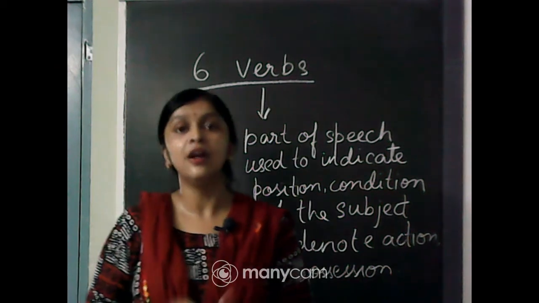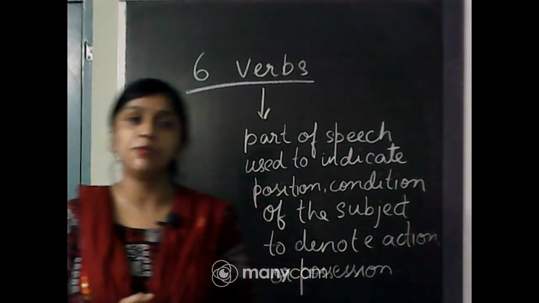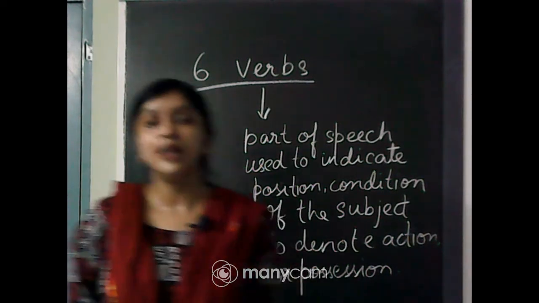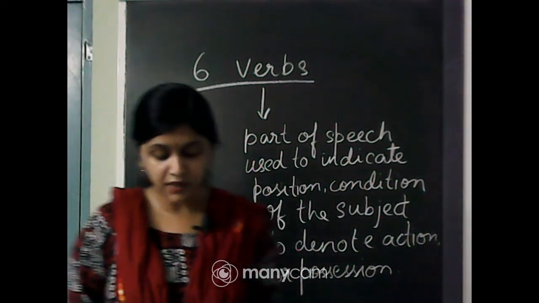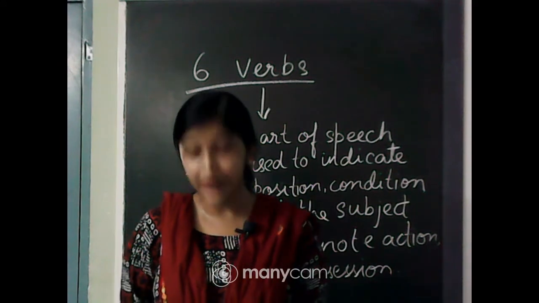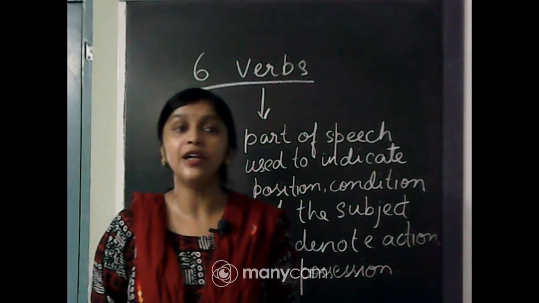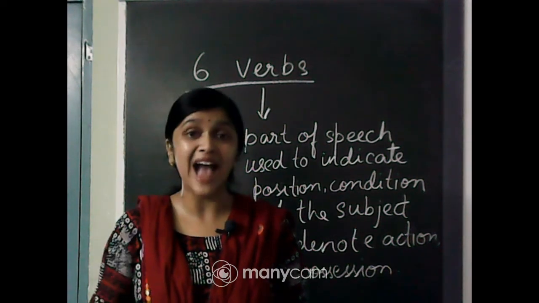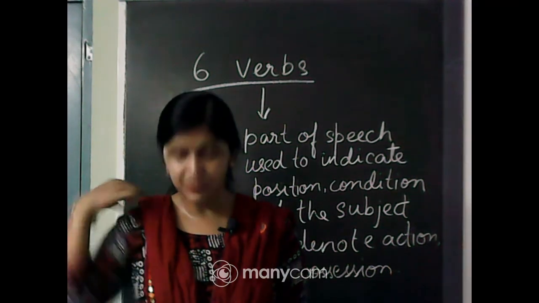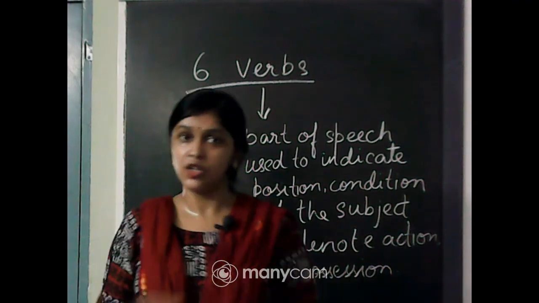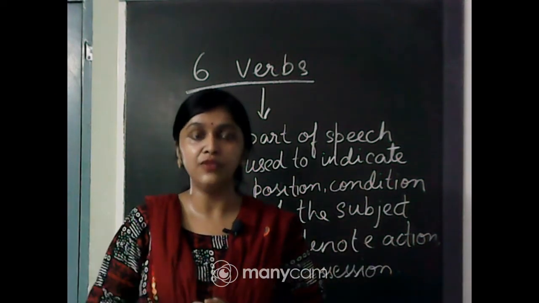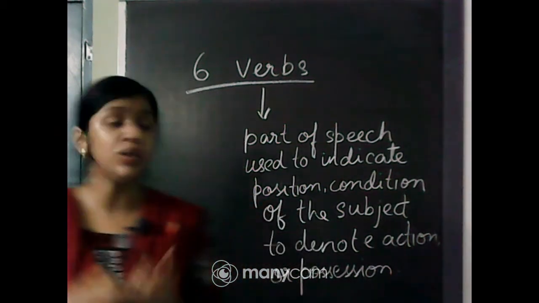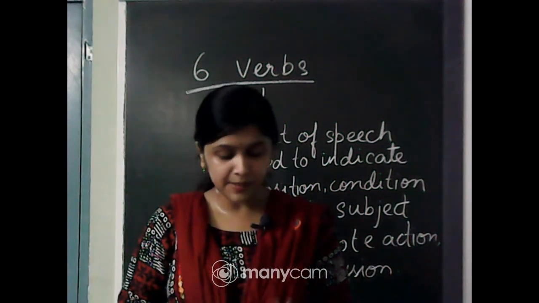You can refer to it and underline it. The entire definition is that a verb is a word that is used to indicate the position or condition of the subject, to denote the action of the subject or what is possessed by the subject. That is the definition of verb because it contains all the different aspects of what a verb should do.